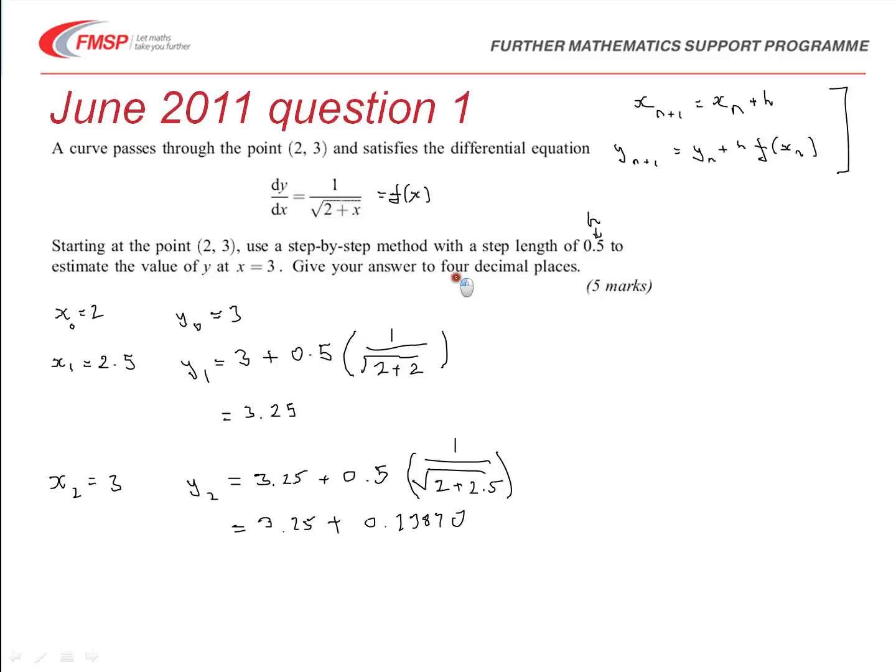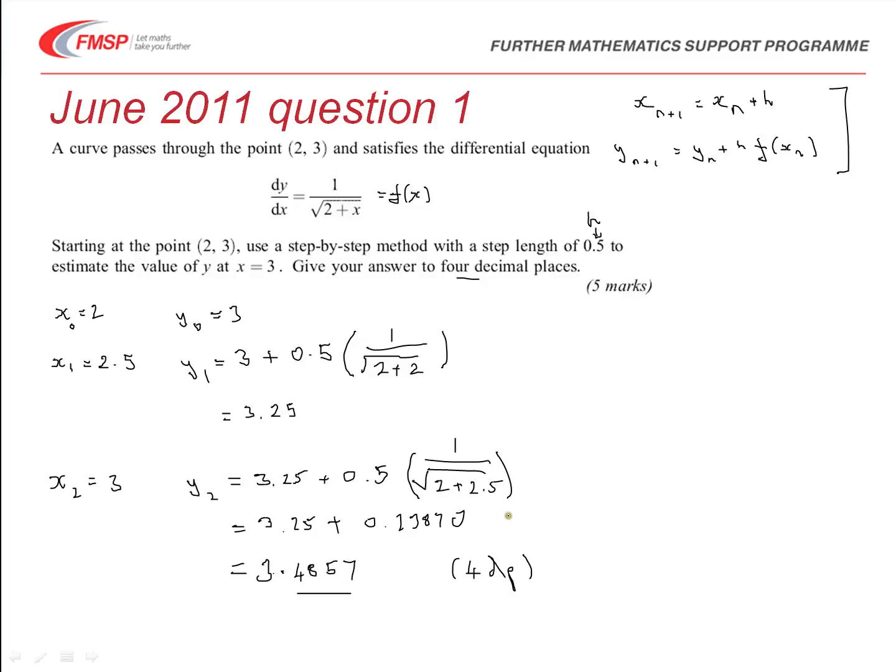Remember, we want the answer to 4 decimal places, so make certain you've got at least 4 decimal places, preferably more, or use the value off the calculator and add on the 3.25. And so your answer to 4 decimal places will be 3.4857, and I would always write 4 dp, to show the examiner you've actually answered the question.